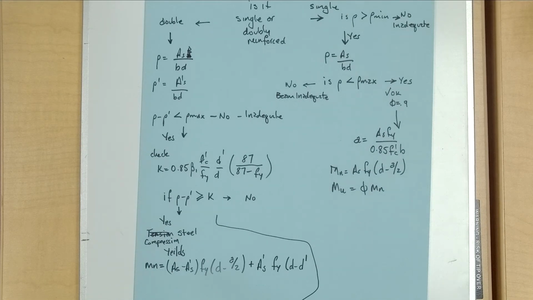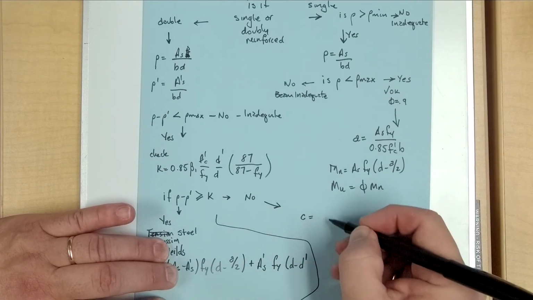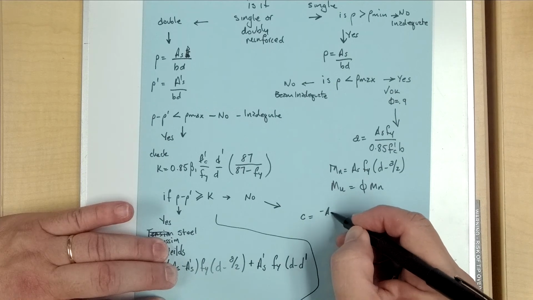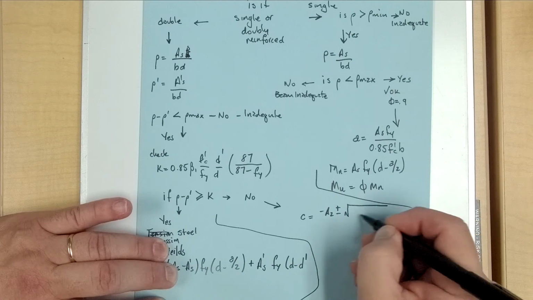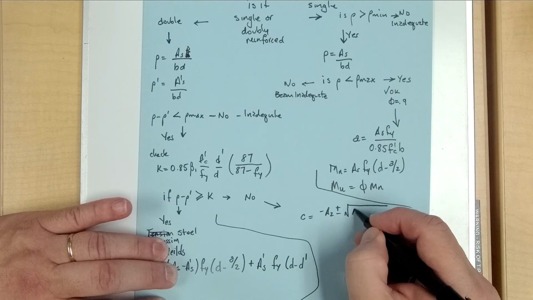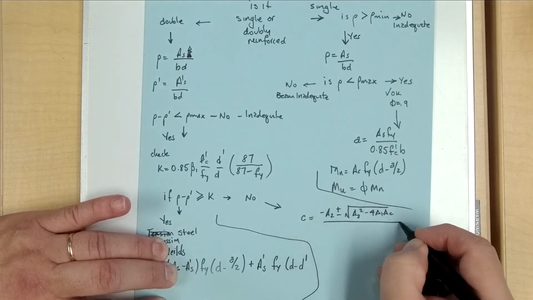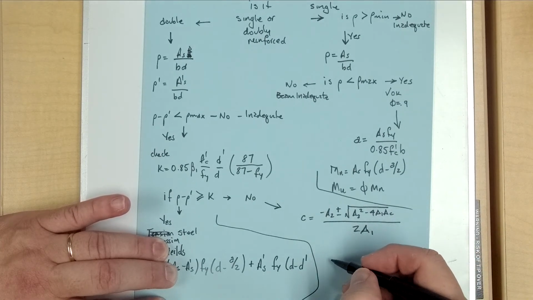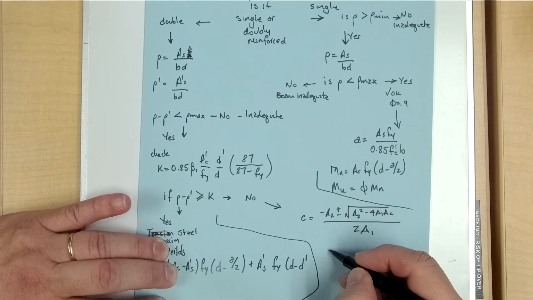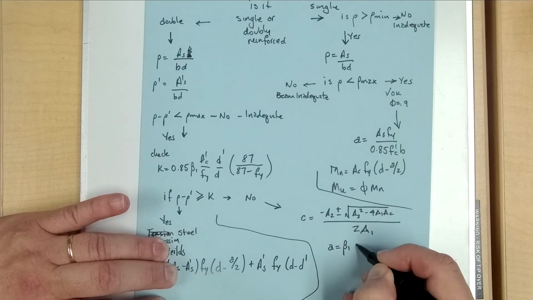If not, then we need to find c is equal to minus A2 plus or minus the square root of A2 squared minus 4 A1 A3, all over 2 A1. And then remember that a is equal to beta 1 multiplied by c.